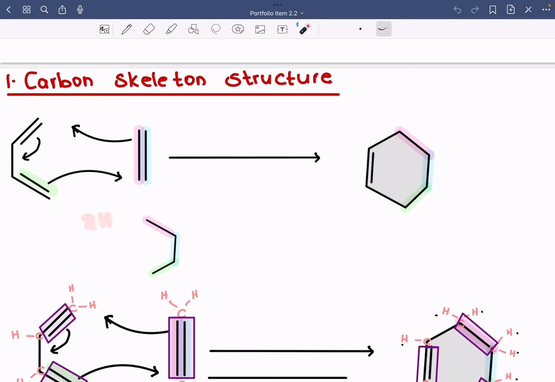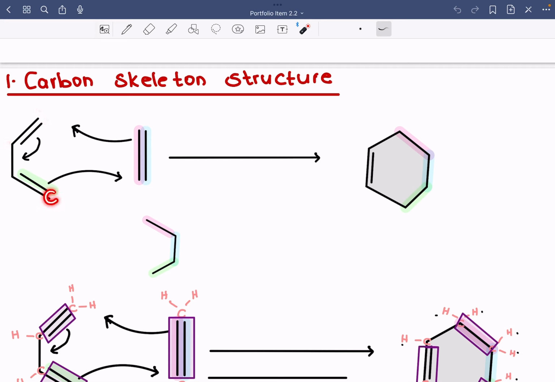And then this C has 1, 2, 3 bonds, and one more bond will be bonded to 1 hydrogen. So that's 3 hydrogens, right? Then this carbon has 1, 2, 3, so it needs one more hydrogen so that it's stable, and that's 4 total hydrogens.